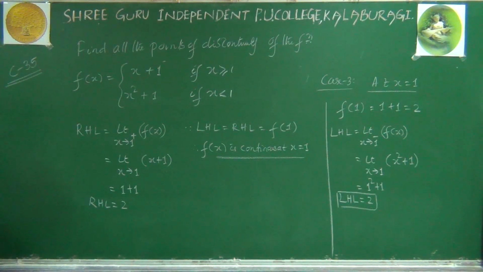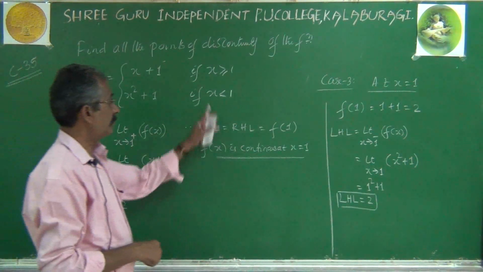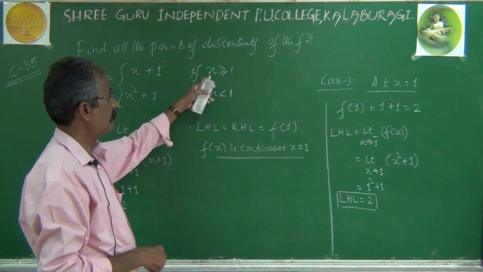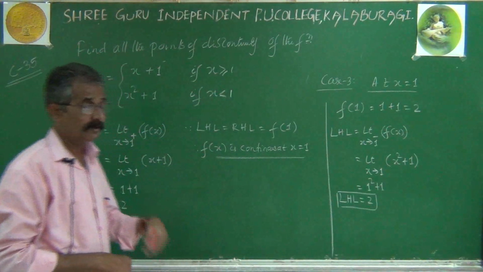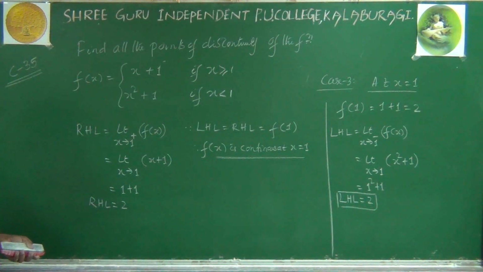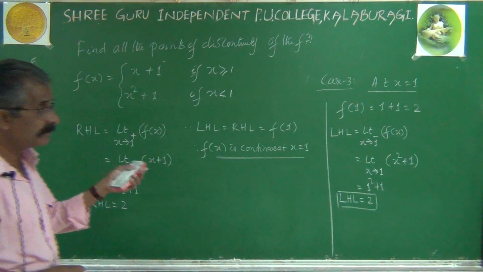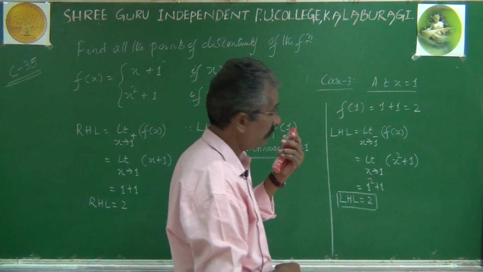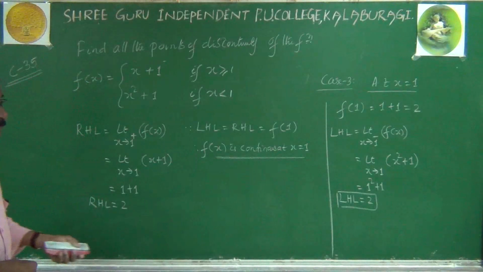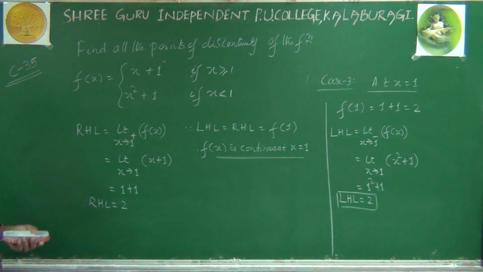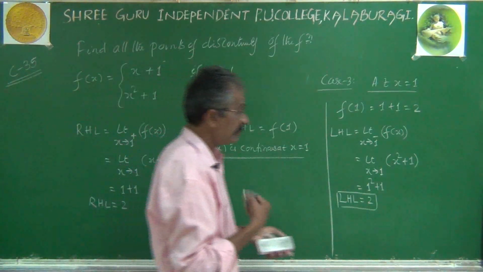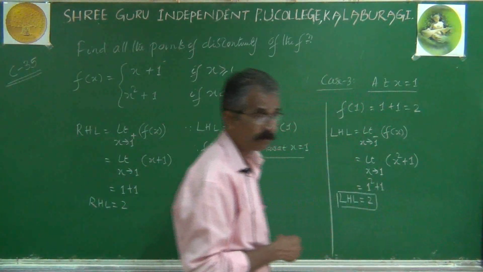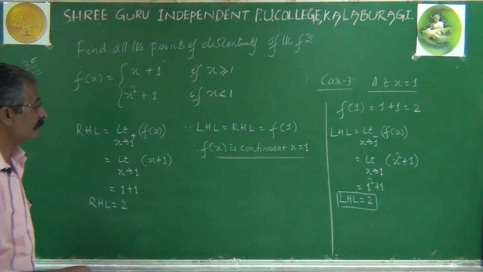So what we got in this problem is that for x less than 1, continuous; for x greater than 1, continuous; for x equal to 1, continuous. That means this function is continuous for each and every real value of x. That means this function has no point of discontinuity, as good as the number of discontinuity points is 0.